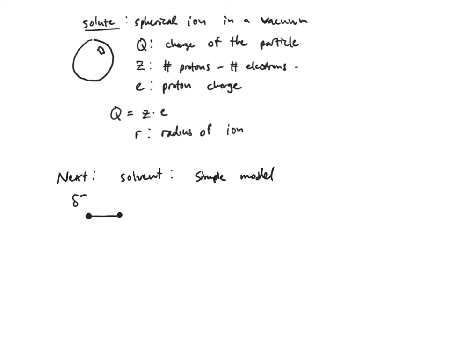Now, water molecules, as you know, are a dipole, but instead of 2 hydrogens and 1 oxygen, we're just going to represent this by a bar with partial charges on either side of it. And then we're going to assume that this is a very small length between these two charges, an infinitesimal length.